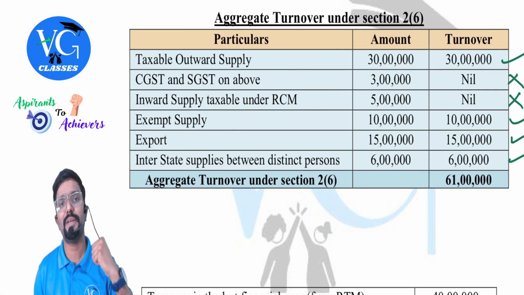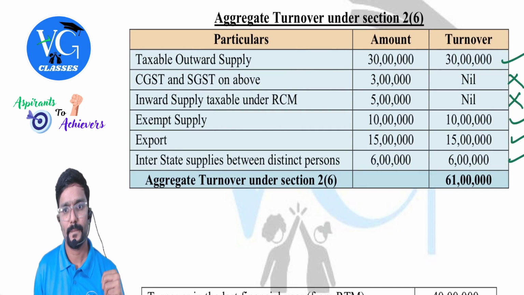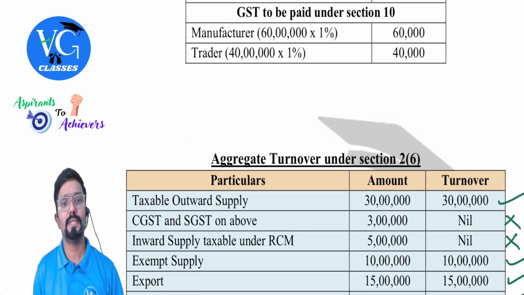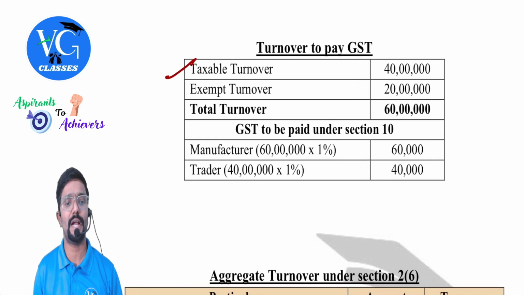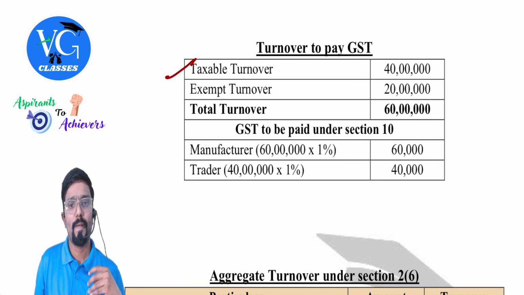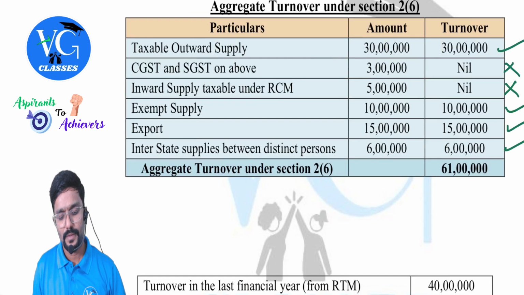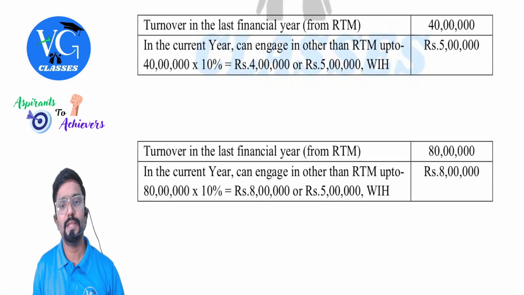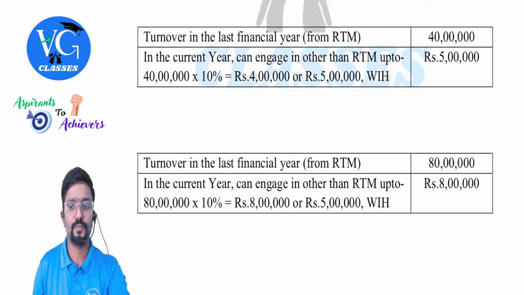Just give a heading which I have mentioned here and then take down. Then this is turnover to pay GST separately for manufacturer and trader. Then this is as per proviso.